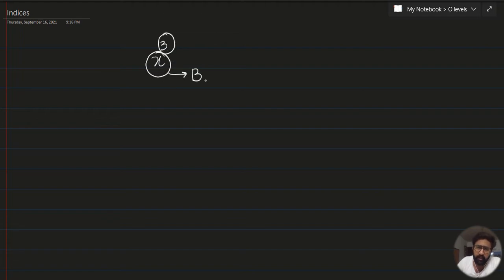So the number, this variable, is known as the base, and the 3 that is written on top of it is known as the power, or in other words we can also call it the index. What we are going to learn in this chapter is, if there are more than two indices or power forms, how we are going to quickly simplify it and find one value.